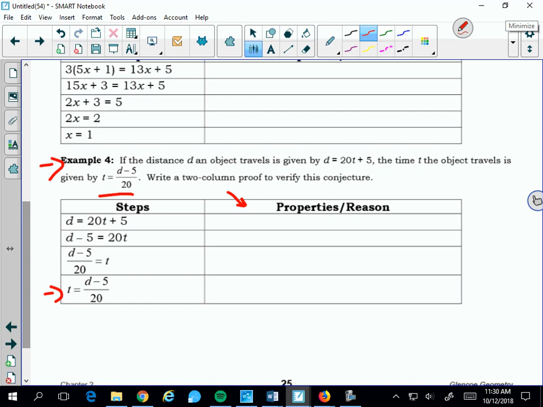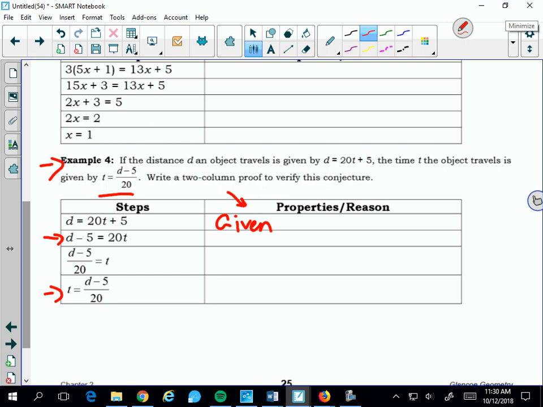So okay, they started with this. I know that because it's given. The next thing I did is shown right here: d minus 5 equals 20t. Again, I want you to refer back to your list of properties at the top.